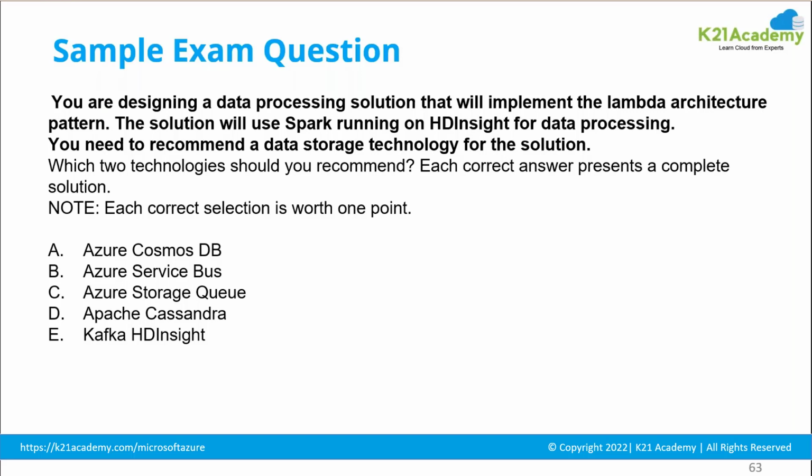So Kafka on HD Insight will be in my answer. Another competing answer can be Azure Service Bus, but I'm not going to select that because of the specific knowledge that says HD Insight, I'm going to go with Kafka on HD Insight as one of the options.